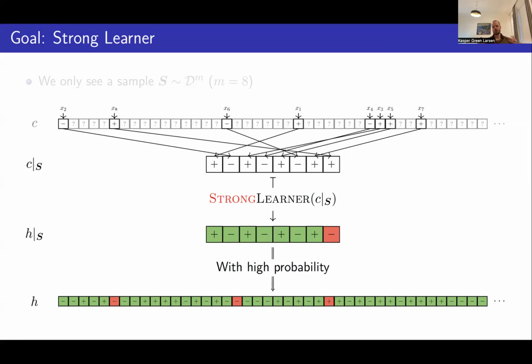What we hope is that this good performance on the training data also means, with high probability, that if I apply the classifier I trained to the full input domain, it will agree with the target concept almost everywhere. Here I'm using red squares to denote a misclassification of a data point and green squares to denote a correct classification. We want to correctly classify most of the input domain.